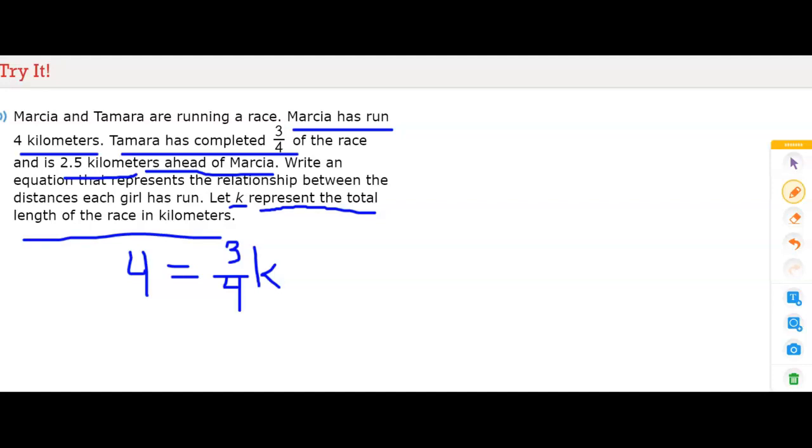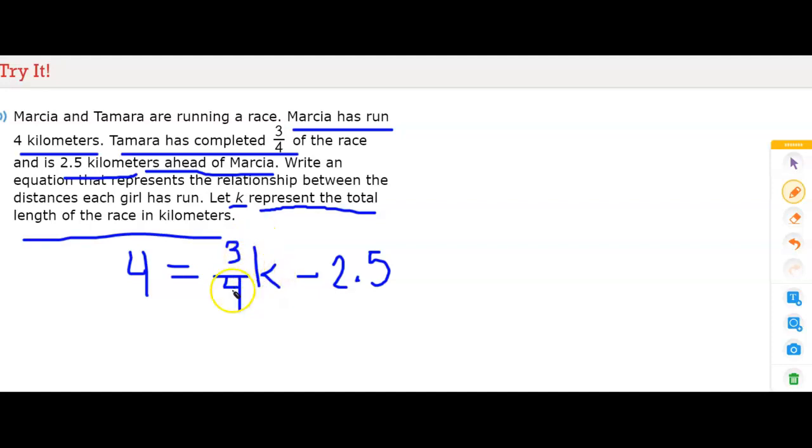And then it also tells us she is 2 5/10 kilometers ahead of Marcia. So we're going to subtract the 2 5/10 from the 3/4 of the total race that Tamara has already run.